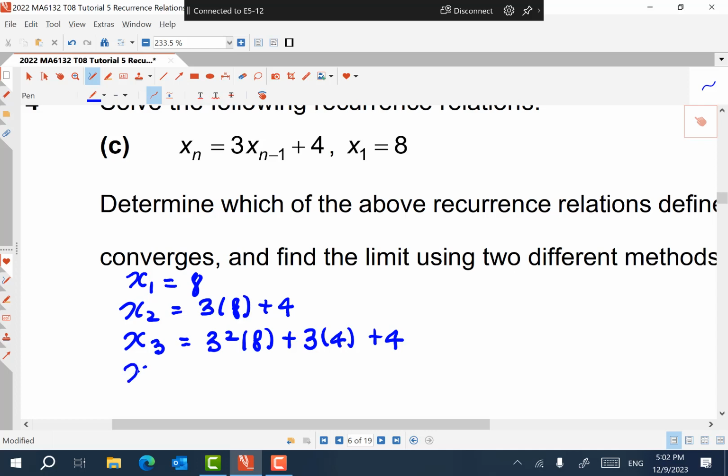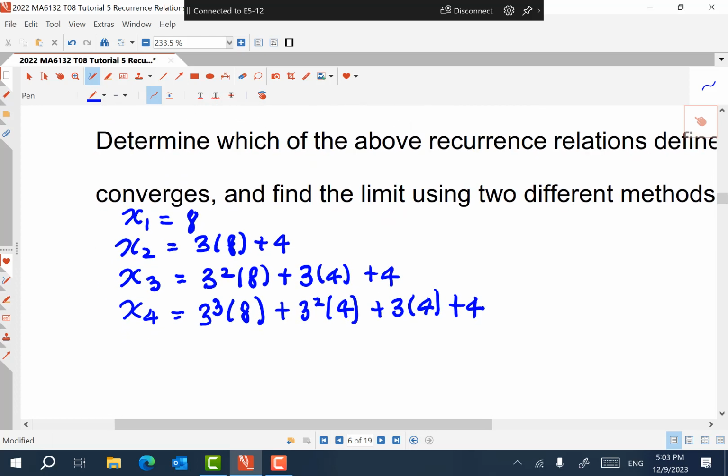What is x4? If I go on and on and on, tell me what is xn?